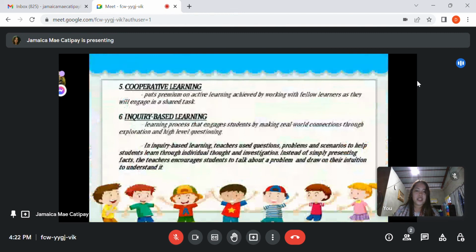Next, we have cooperative learning. It puts premium on active learning achieved by working with fellow learners as they engage in a shared task. Cooperative learning is based on the assumption that students learn better when they learn with others. For example, having a group activity, such as a project inside your classroom.